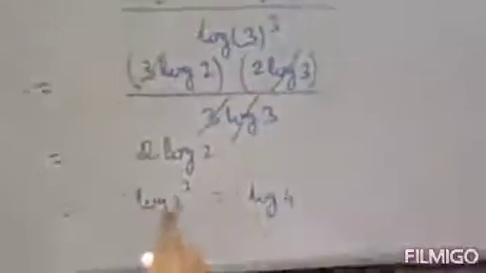Now, how do I write 2 log 2 as log 2 to the power 2? Just reverse this formula: n log a base m. If log a m to the power n is n log a m, that means if a power is given, it is multiplied with the log term. So you can also reverse the formula: a number before log can be put in power form.